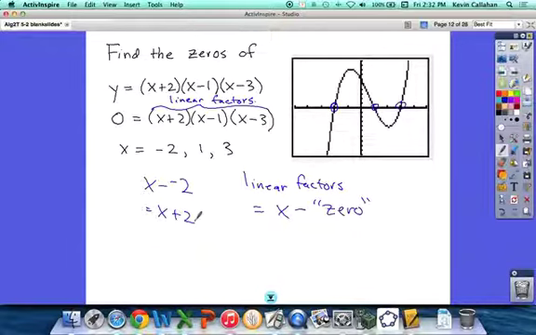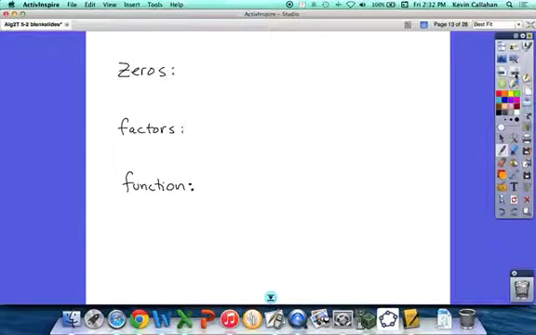We good? Okay, so start here. So if my zeros are -4, -1, and 2, what are my factors? No. Linear factors.